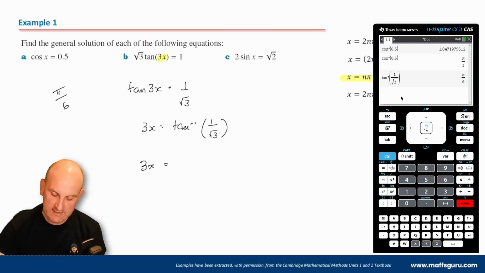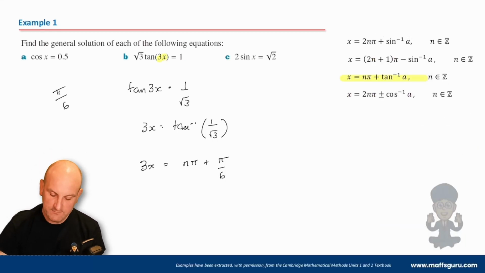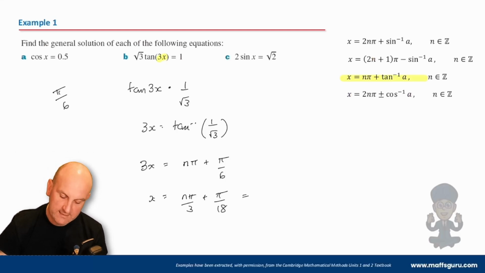So I now get 3x equals n pi plus tan to the minus 1 of 1 on root 3, which was pi on 6. Okay, right. So now, having got that, I'm going to divide everything by 3 to give me that x is equal to n pi on 3 plus pi on 18, making that 6n pi on 18 plus pi on 18, which gives me all on 18.